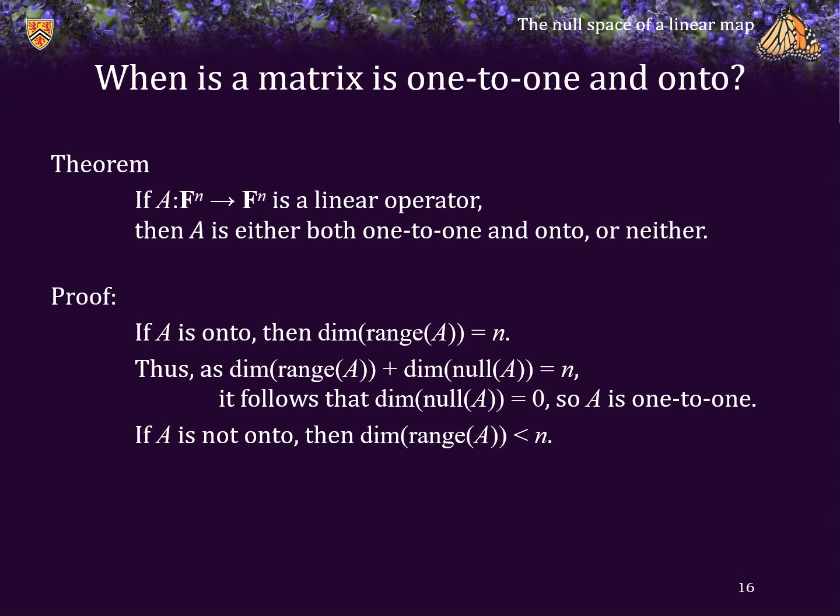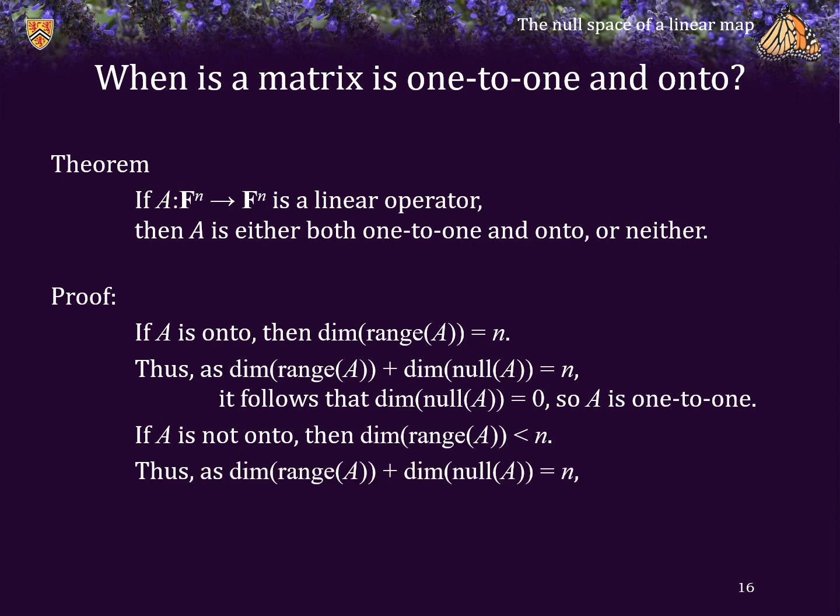That is, there are vectors in the codomain that are not mapped onto, because after all, the dimension of the range is the number of vectors in any basis. If that basis has fewer than n vectors, then the span of that basis cannot be all of F^n, because the dimension of F^n is n.